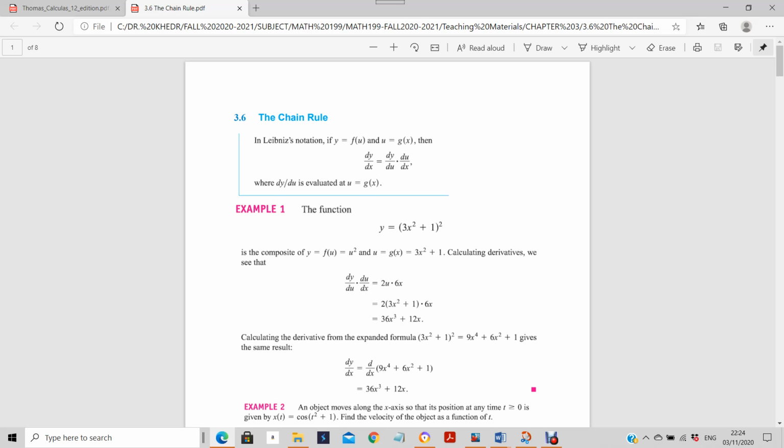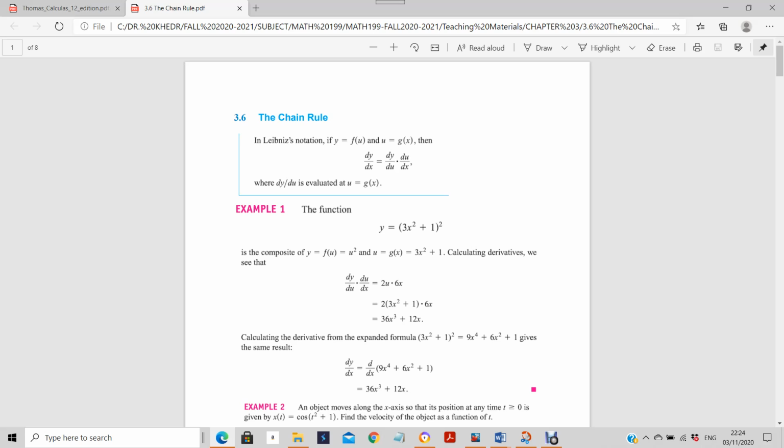So if we assume that the function u, which is a function of x, as u equals g of x equals the term inside the bracket, 3x squared plus 1, then we can write y as a function of u. So y equals f of u, which is u squared. So instead of this expression in the bracket, we replace it by a function u. So y can be u squared.